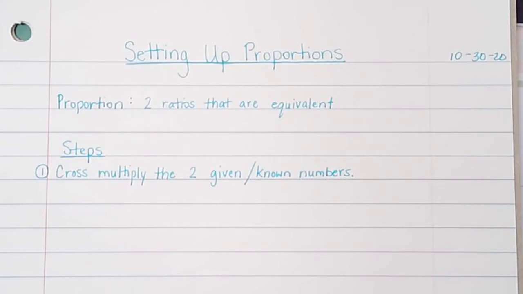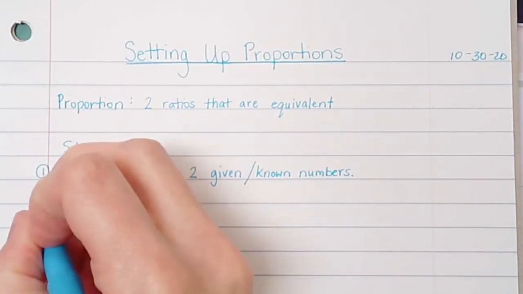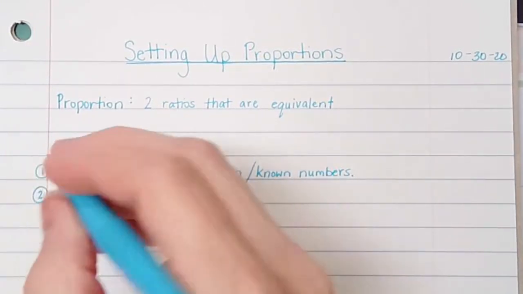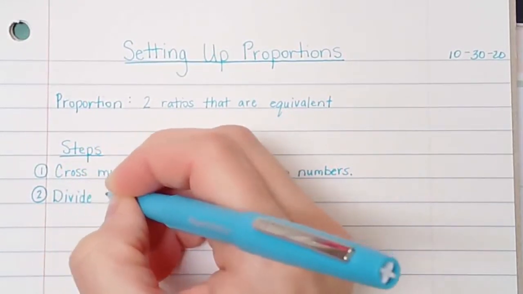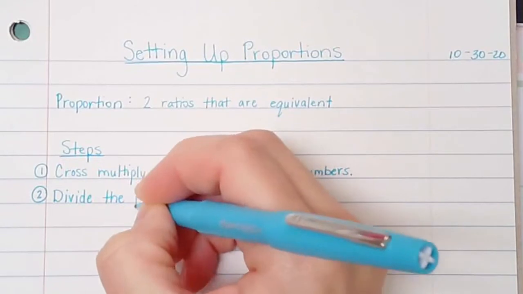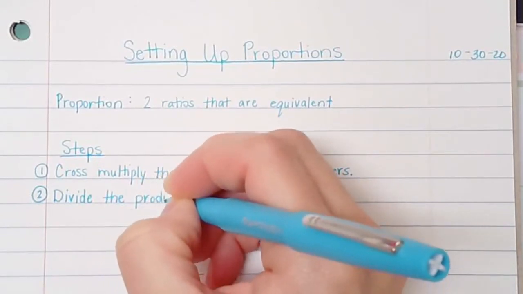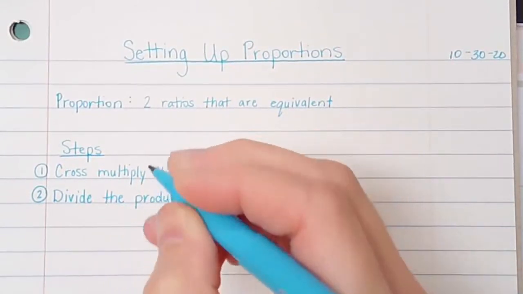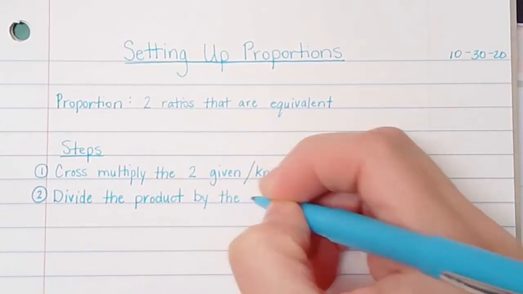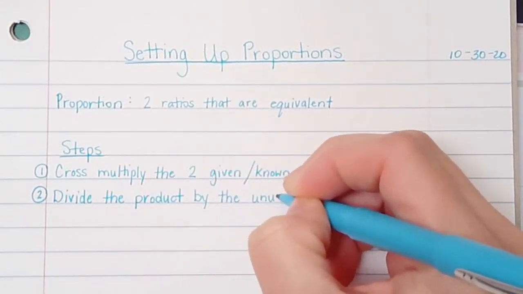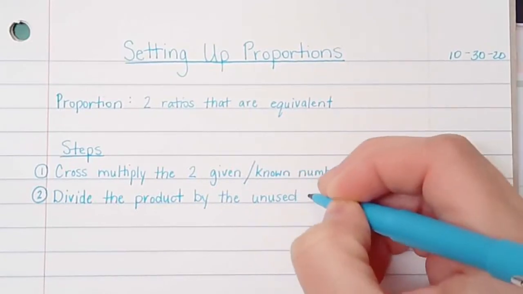All right, step number 2, divide the product by the unused number.